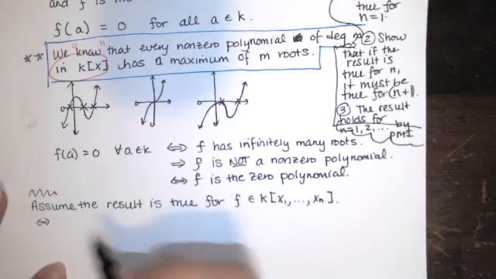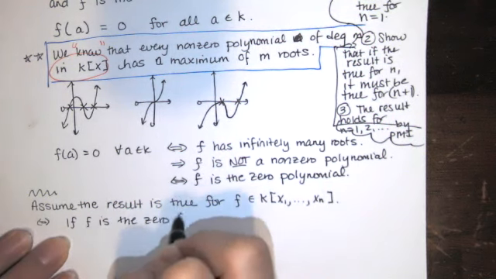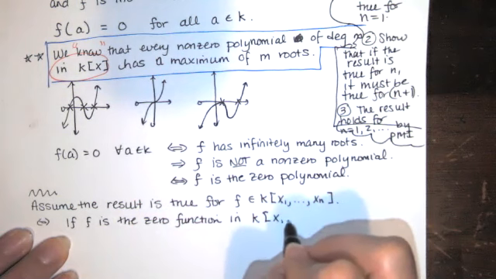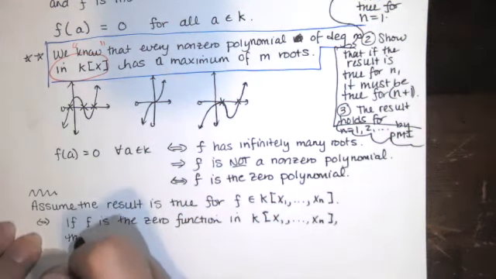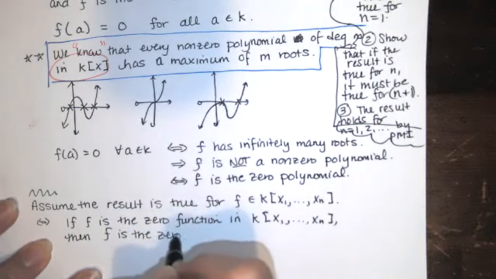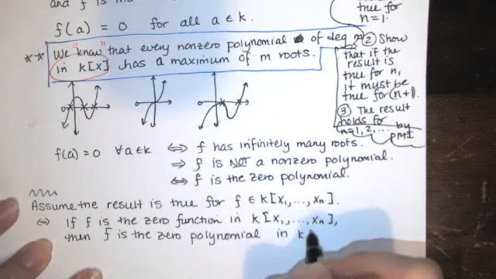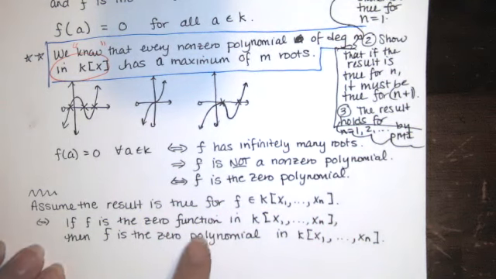Or in other words, if f is the zero function in this space, so every a sub 1 through a sub n that you plug into this gives you a 0, then f is the 0 polynomial in that same polynomial ring. So we're assuming that this implies this when we're dealing with n variables.